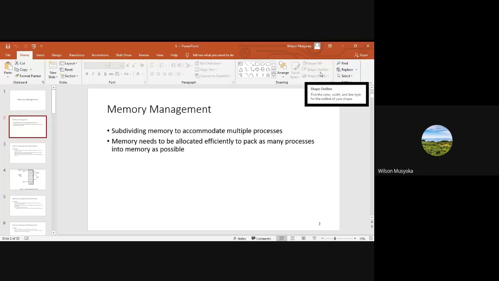And here we are just looking at why it needs to be there. One of the reasons is to divide it so that it can accommodate as many processes as possible, or as many programs. So that is one of the reasons why we do memory management, so that we can ensure it is properly utilized.